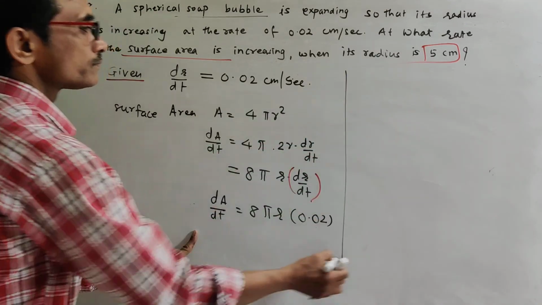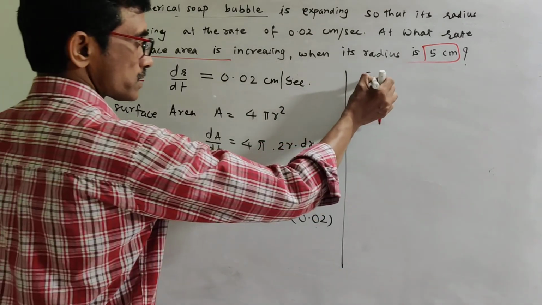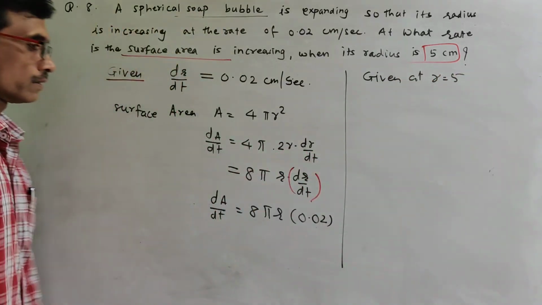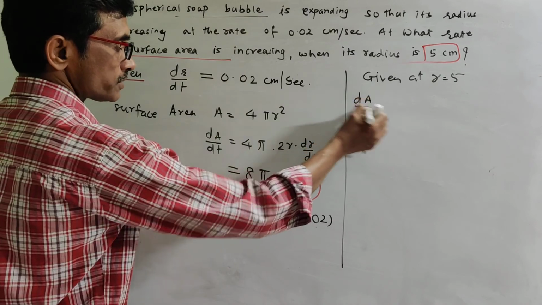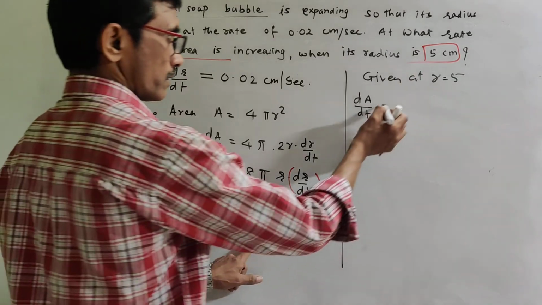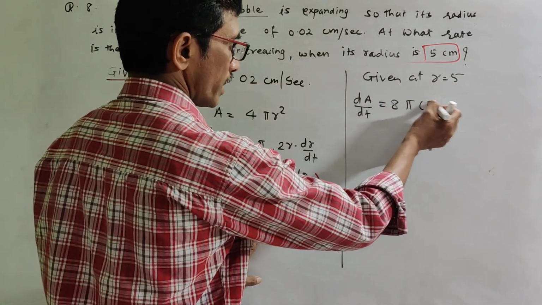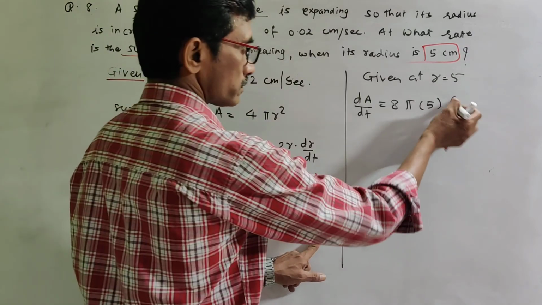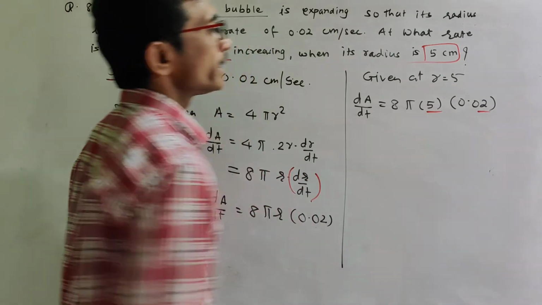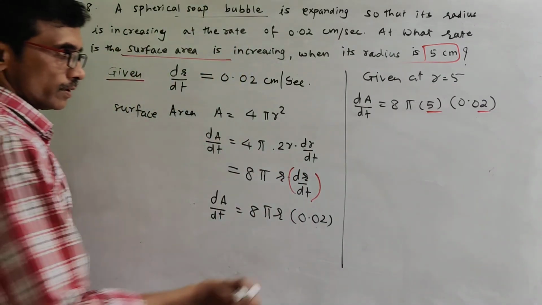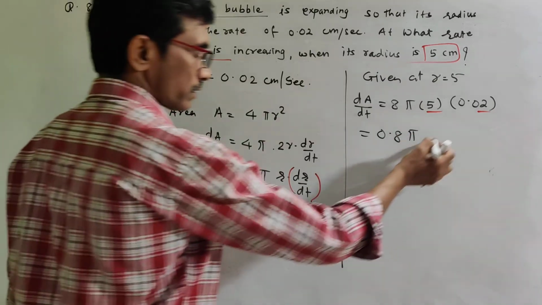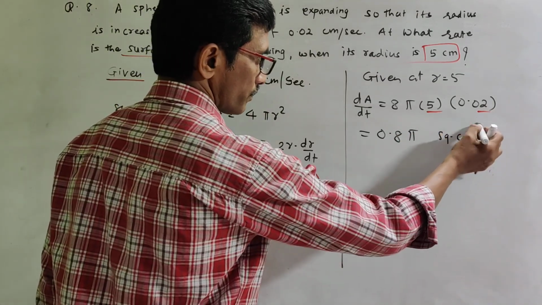Substituting r equal to 5, the rate of change of surface area will be 8 pi into 5 into 0.02. Multiplication gives 0.1, and this will be 0.8 pi centimeter square per second.